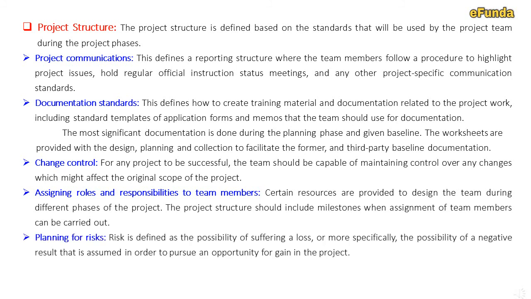Planning for risk. Risk is defined as the possibility of suffering a loss, or more specifically the possibility of a negative result that is assumed in order to pursue an opportunity for gain in the project. This is how the project structure is categorized, and these are the minimum points to be taken while defining any project structure.